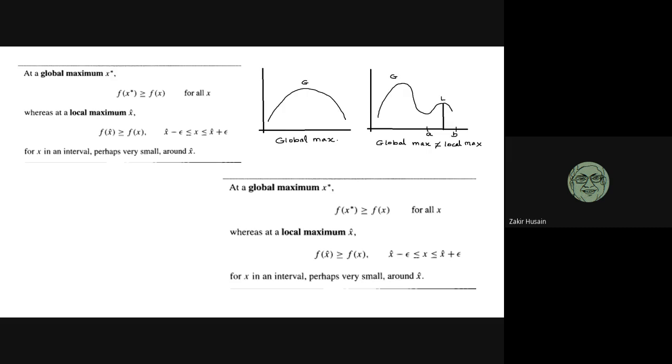So over here, I've shown you a global, I'm just discussing the case of maximum. So here we have a global maximum. If you consider this range, this is also a local maximum.